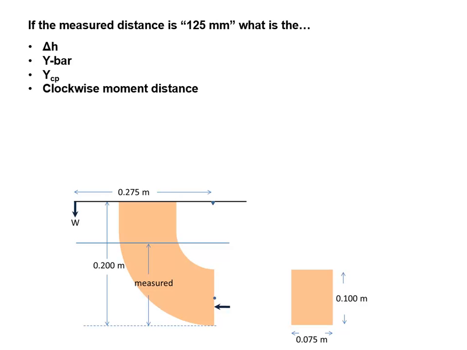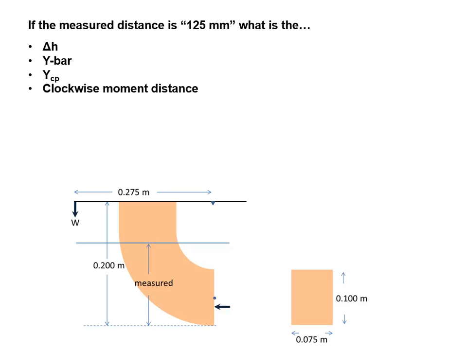And so we know it's 0.2 overall. 0.1 is here, then there's another 0.025 meters, and then 0.075 meters, and altogether that works out to 200 millimeters, which is the distance from the edge up to the top of the annulus.